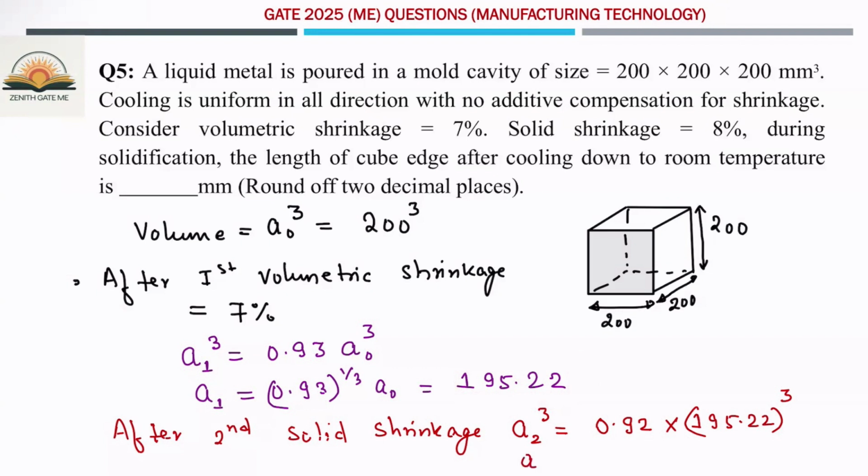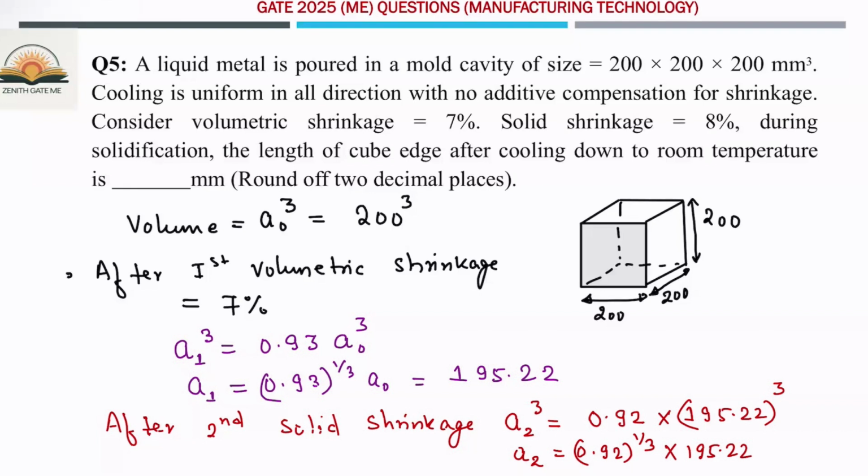So A2 you can easily calculate: 0.92 to the power of 1 by 3 into 195.22. Then you will get the edge length of the cube after the second shrinkage, which is nothing but 189.868 mm.